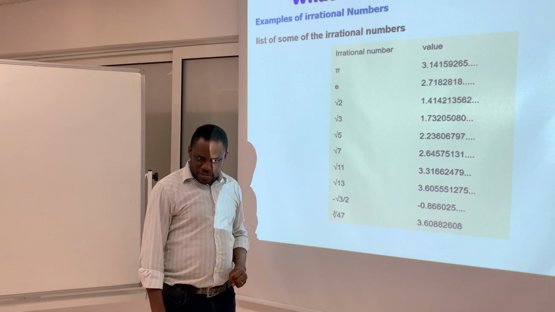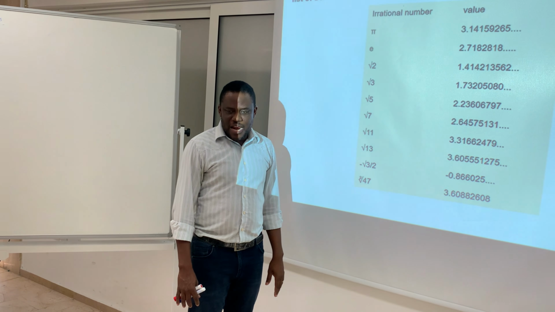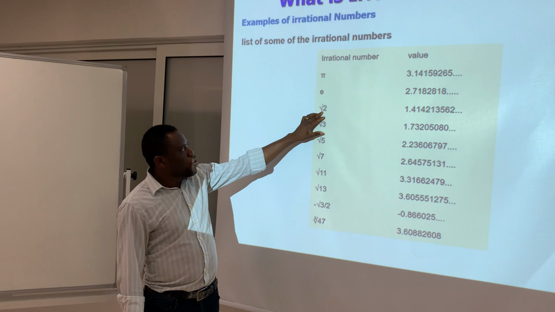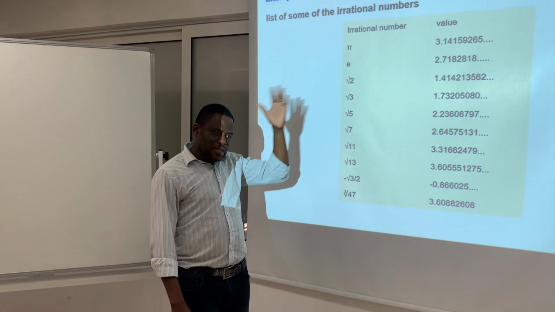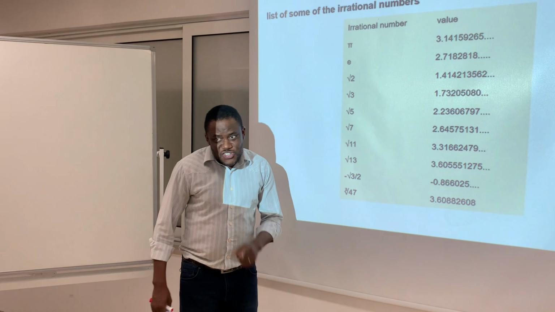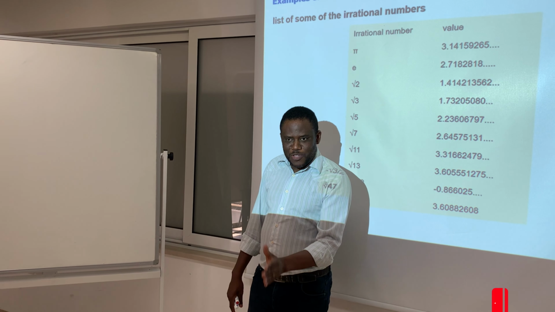Radical numbers. Anything called radical is irrational. So the root of 2, root of 3, root of 5, root of 11, root of 13, like that. But the root of 4 is 2, a rational number. So be careful.